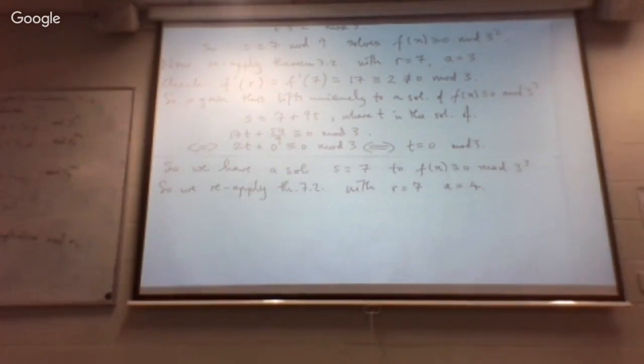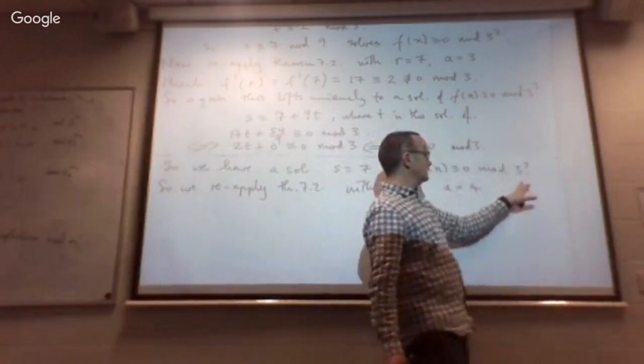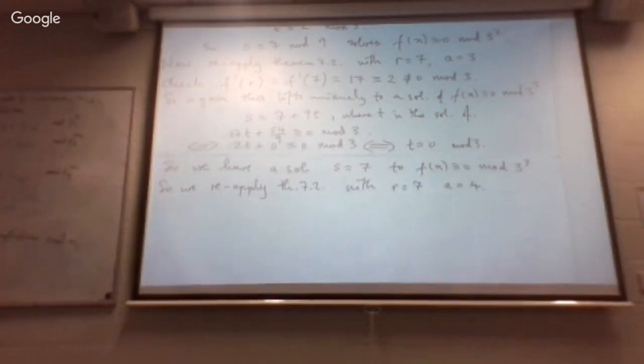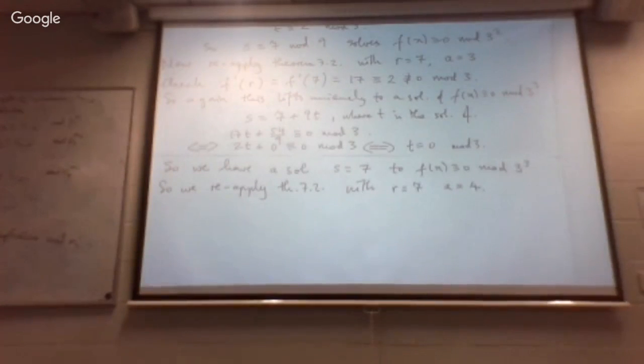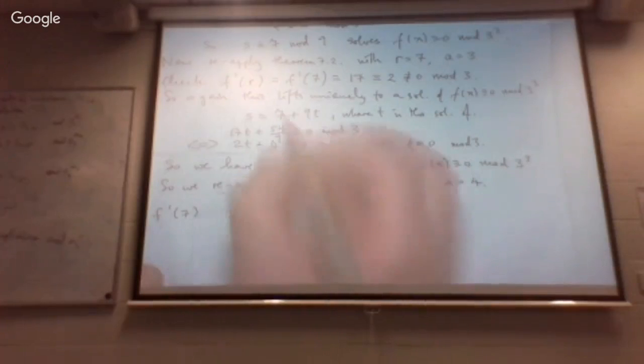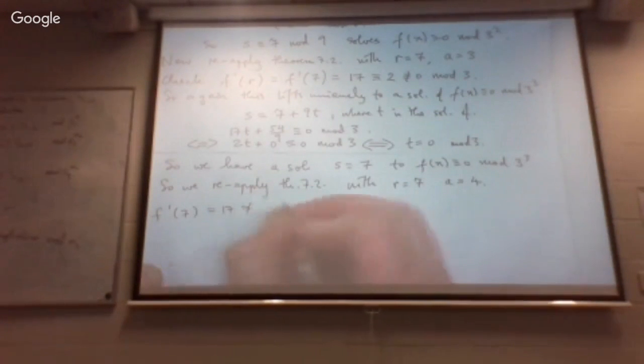So we've got a solution modulo p to the a minus 1, and now we're going to finally lift maybe to modulo 81, 3 to the power 4. The derivative evaluated at 7 is still non-zero. That was the test before. That's equal to 17, which is certainly non-zero modulo 3. So again, it lifts uniquely.